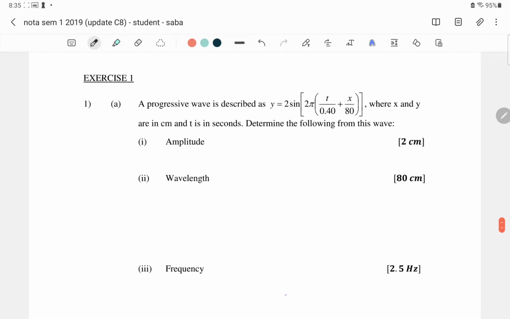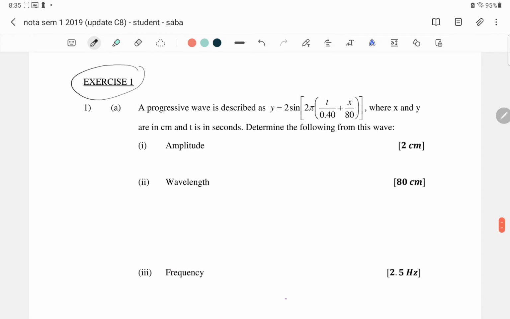So now we continue our lesson on exercise number 1. A progressive wave is described by y equal to 2 sin 2 pi bracket of t over 0.4 plus x over 80, where x and y are in centimeters and t in seconds. Determine the following from this wave. Okay, so kita samakan the equation. y equal to a sin omega t plus kx.